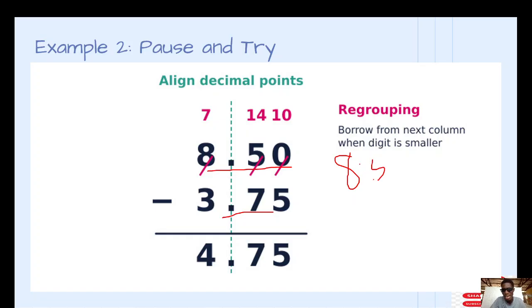So 8.5, and then maybe you are to subtract 3.75 from 8.5. But looking at the alignment, they are not having the same place value position. This one is having only tenths, but this one is having up to the hundredths position.